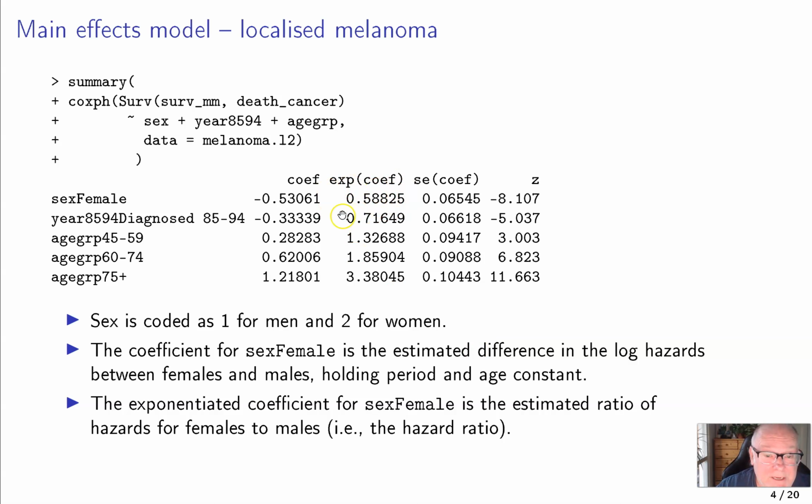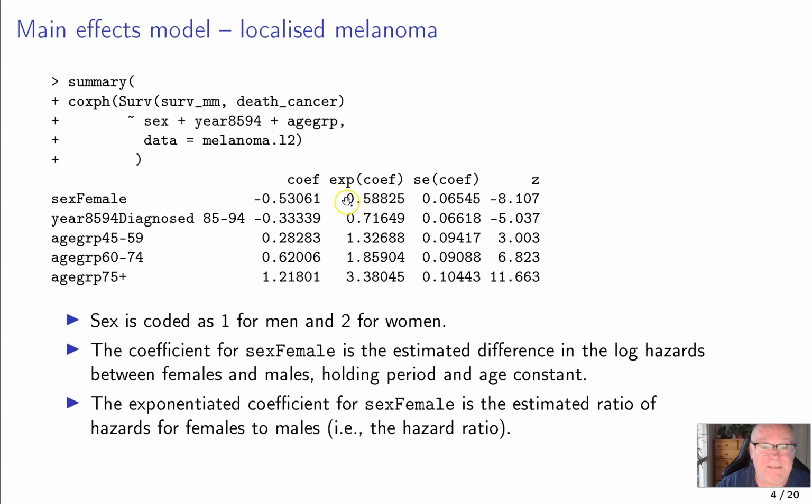So here we see, after adjusting for sex and calendar period and assuming that they are constant, females have only 59% of the cancer-specific mortality of males, or females have a 41% lower mortality rate than males.